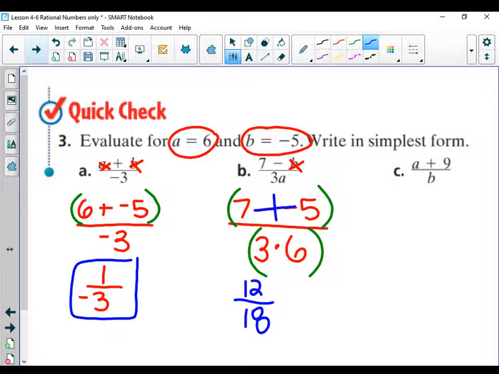Two lessons ago, we refreshed our memory about simplifying fractions. What do 12 and 18 have in common? They do have a 2. I'm trying to think of something bigger. Oh, 6.